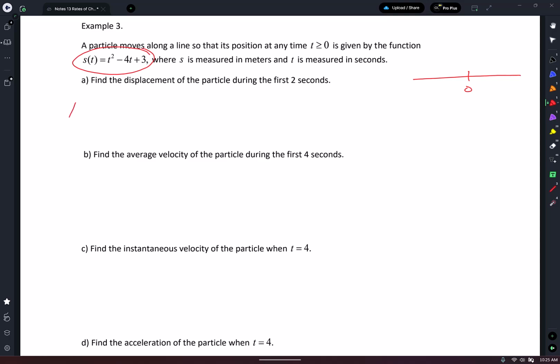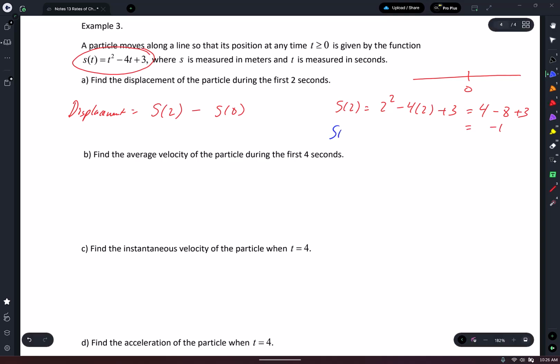Okay. Well, displacement is equal to my position at 2 minus my position at 0. Nothing crazy. We're still okay, guys? I'm going to come here to the side, and I'm going to go S of 2 equals 2 squared minus 4 times 2 plus 3. So let's see. 4 minus 8 plus 3. So negative 4 plus 3. I count negative 1 for that one. S of 0, I just see 3.